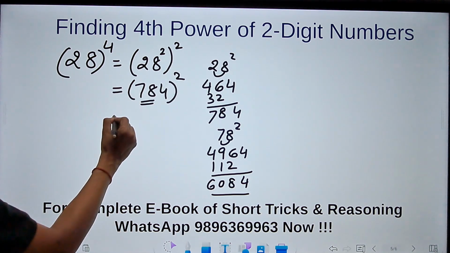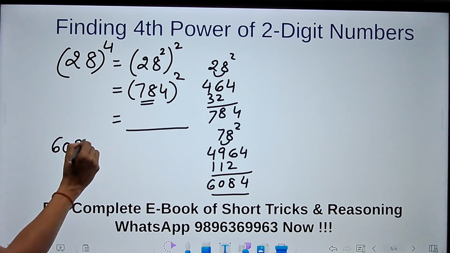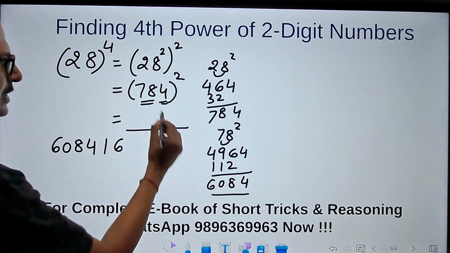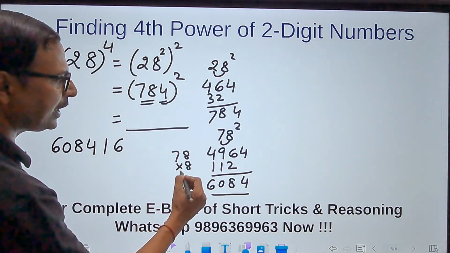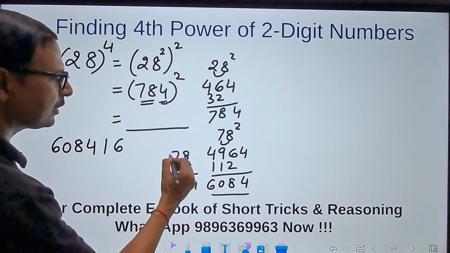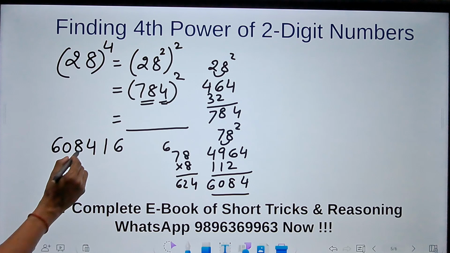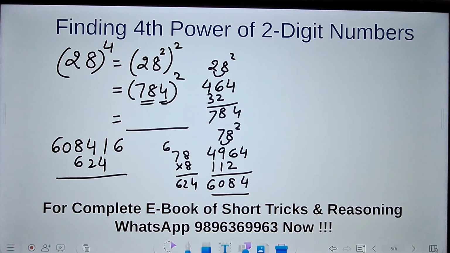So I will write the final answer here. So this is 6084, and then 4 square is 16. Now I need to do 78 into 4 and then double. So 78 into 8. 8 8s are 64, 8 7s are 56, 62. 624. Now 624 is to be written here, and then we have to add vertically to get our final answer.